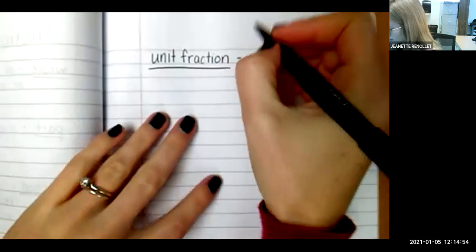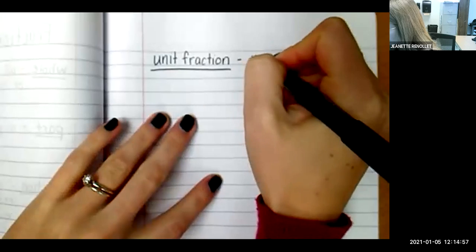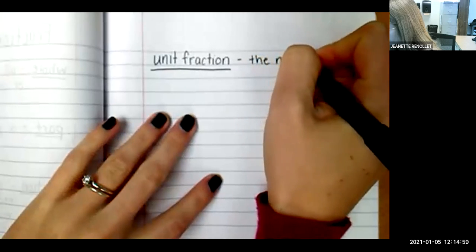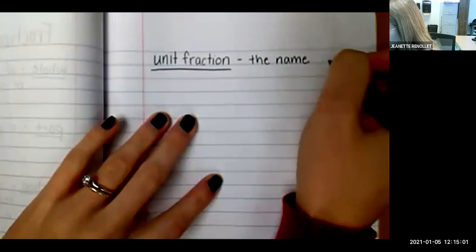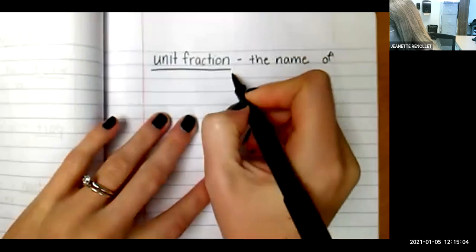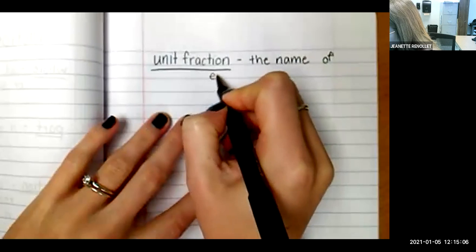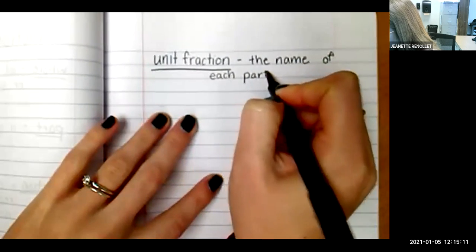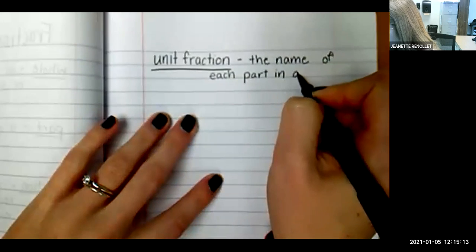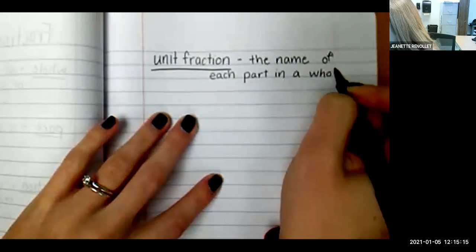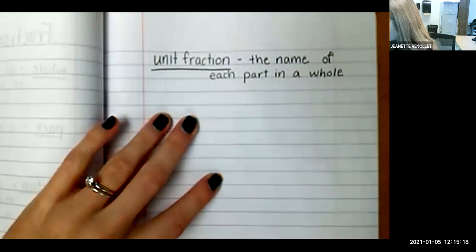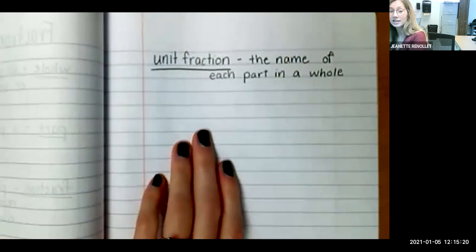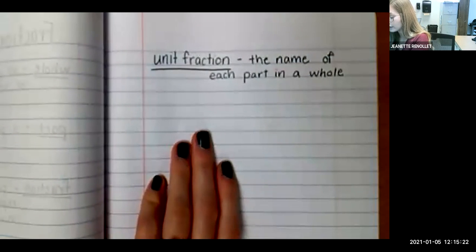The unit fraction is the name of each part in a whole. A unit fraction is the name of each part in a whole.